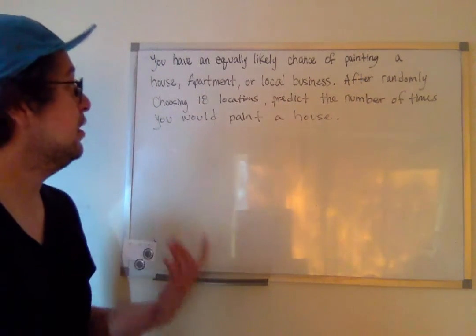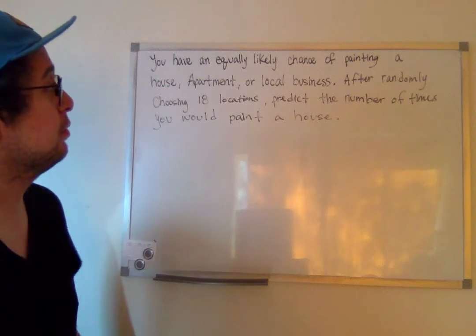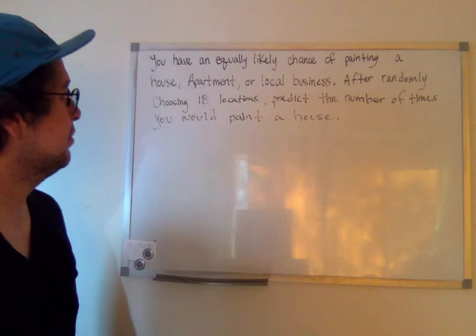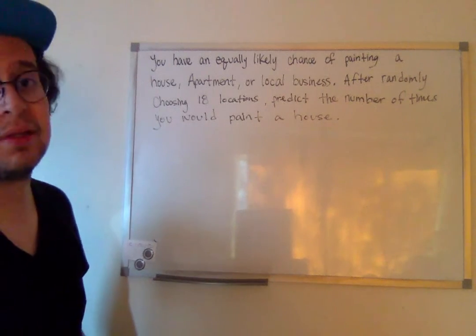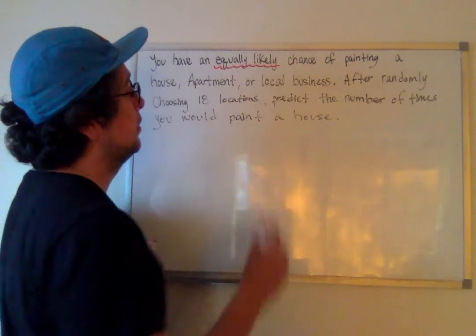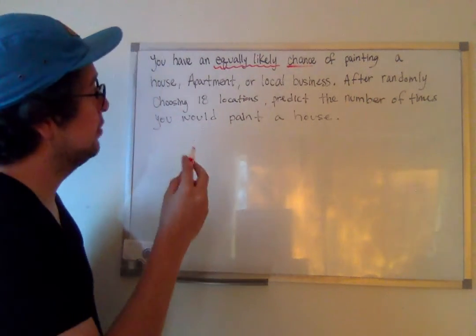So you have an equally likely chance of painting a house, apartment, or local business. After randomly choosing 18 locations, predict the number of times you would paint a house, okay? So we have equally likely chance of painting a house, apartment, local business.